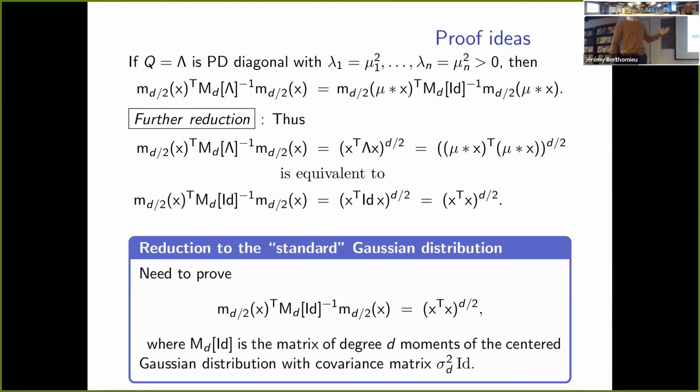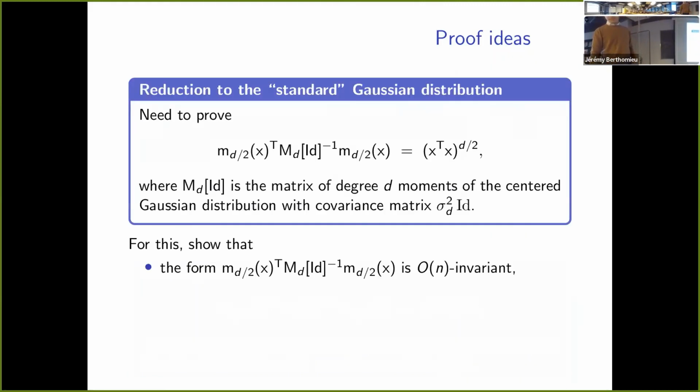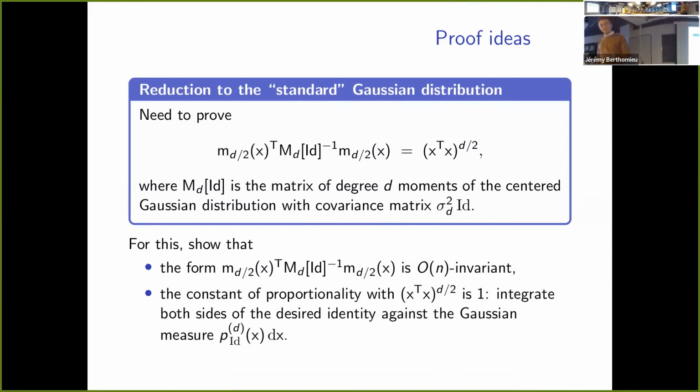So we just need to prove that this form on the left is a power of the sum of squares of the variables. In order to prove that, there are two things to show. First of all, one needs to show that this form on the left is invariant with respect to O(n). And second, in order to find the constant of proportionality, it suffices to integrate both sides against the measure, and then you will see that the constant is one.